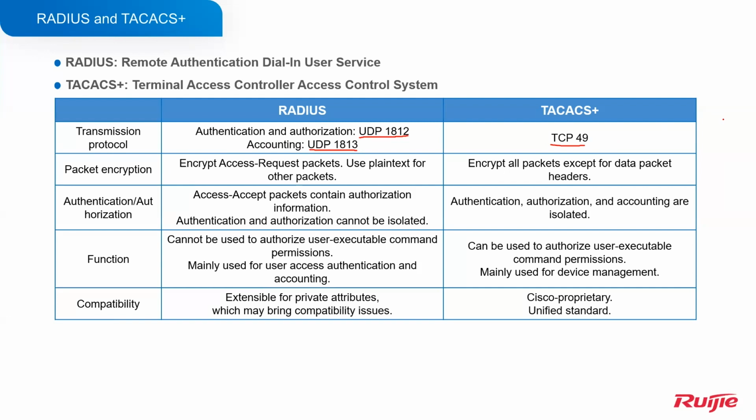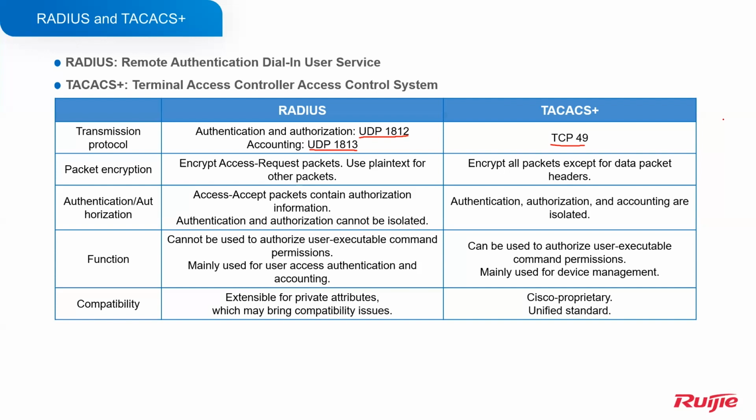And for packet encryption, RADIUS encrypts only access request packets, while using plaintext for other packets. Different from that, TACACS Plus encrypts all packets except for the data packet headers. And about authentication and authorization, RADIUS accept packets contain authorization information, so authentication and authorization cannot be isolated, while TACACS Plus can isolate authentication, authorization, and accounting.